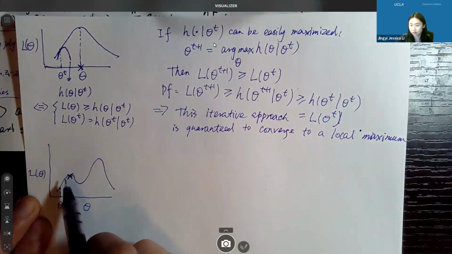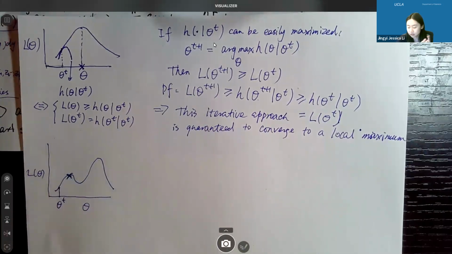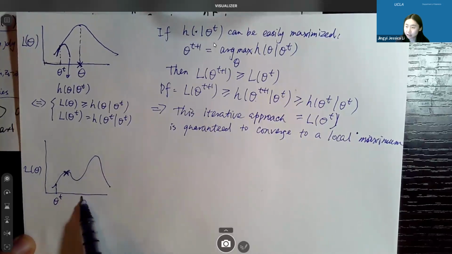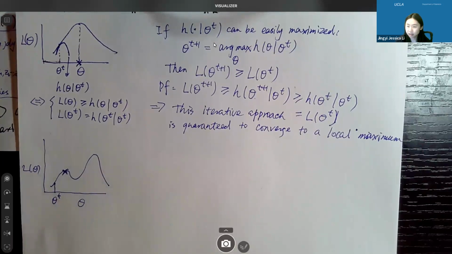So you will be stuck here. So that's the reason why this approach will guarantee that you always climb up and never climb down. But the drawback is that once you reach a local maximum that's not a global maximum, you can never get out. That's the problem with this approach. So what's the fix? The fix is that you just have to try several initializations. Hopefully one initialization can lead you to the global maximum, if the function doesn't have too many local maxima.